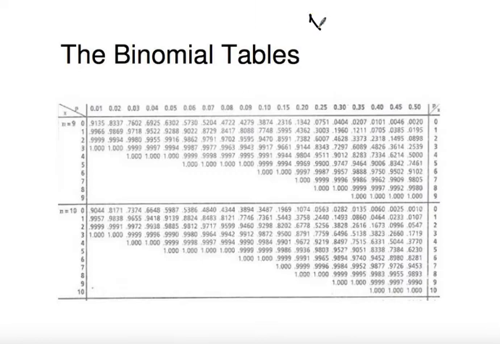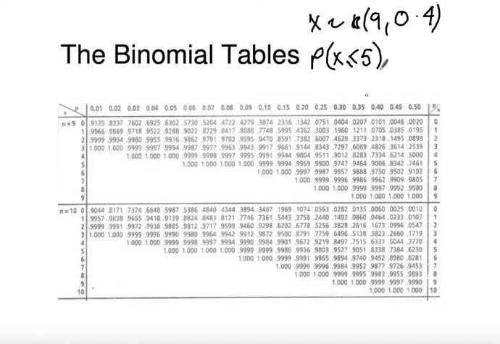So if I had, say, the probability x, let's say n is 9 and p is 0.4, just for argument's sake, probability x is less than or equal to, let's say 5. Well, I'll get some different coloured pens in.